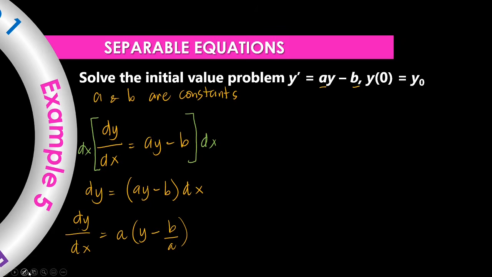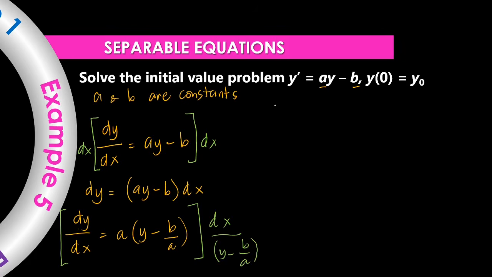So that we can separate variables. Now, we can multiply both sides of the equation by dx, and divide both sides of the equation by this term, y minus b over a. So again, we multiply both sides by dx to eliminate dx here, and to eliminate y minus b over a here, we divide both sides by y minus b over a.